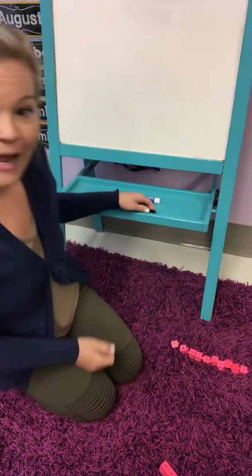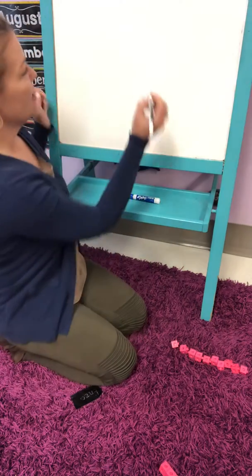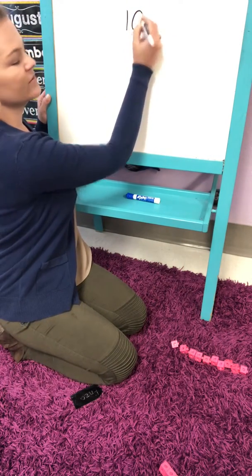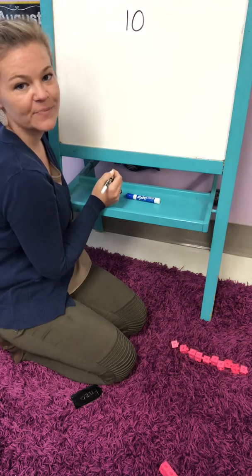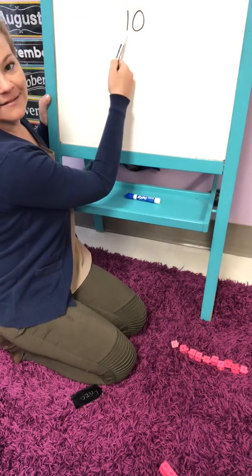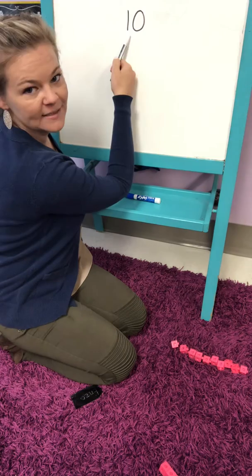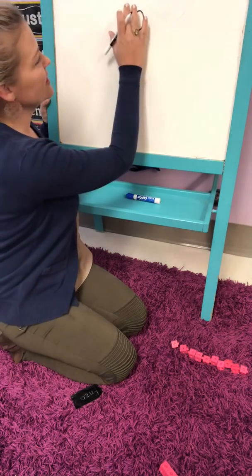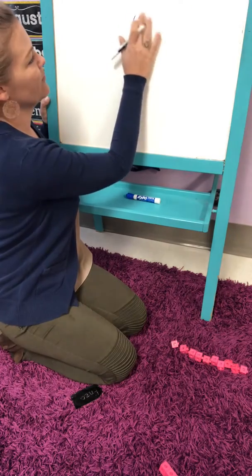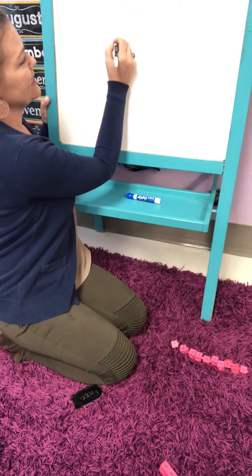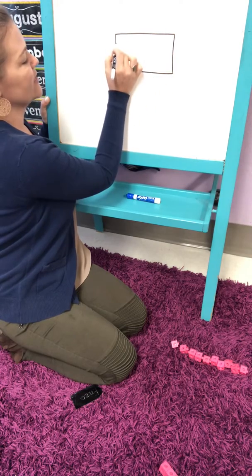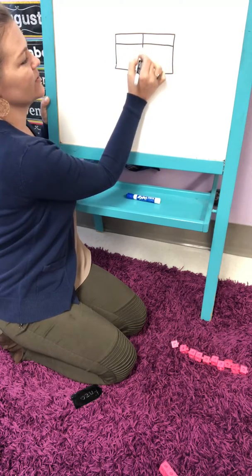So if I were writing the number 10, I would just write a 1 and a 0 to show that I have 10 blocks. So the 1, we call that the tens place, and then the 0, that's the ones place. We did a little bit of this in your math books before, and it kind of looked like this, and we did some on our whiteboards too.